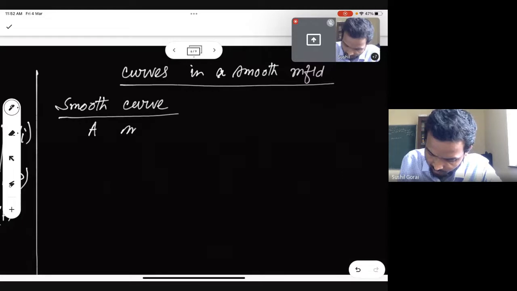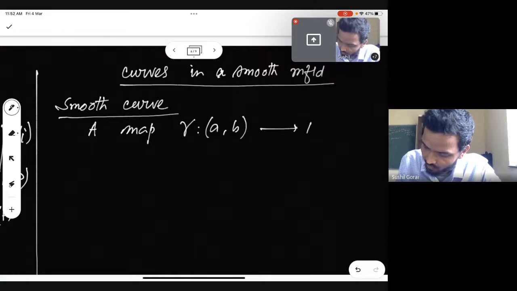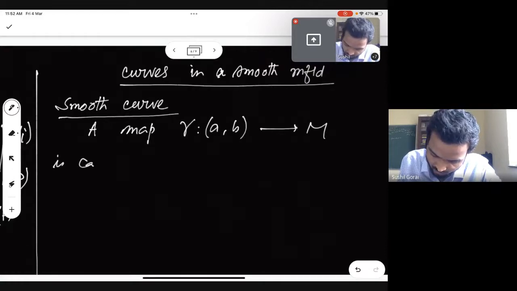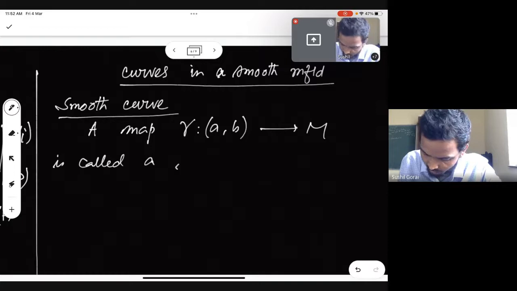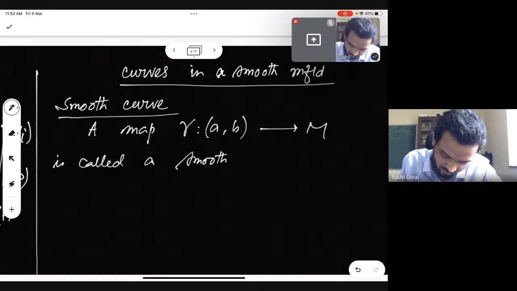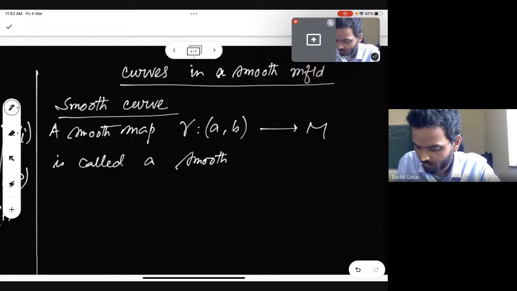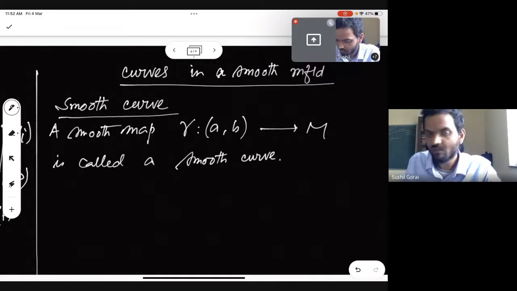A map gamma from A to B to N is called a smooth curve. A smooth map. This is called a smooth curve.